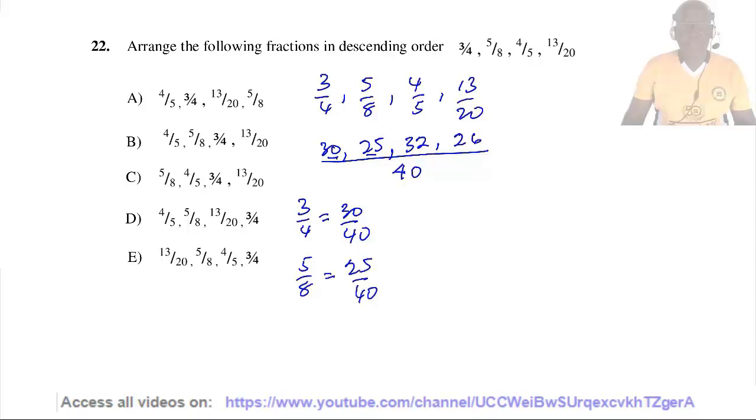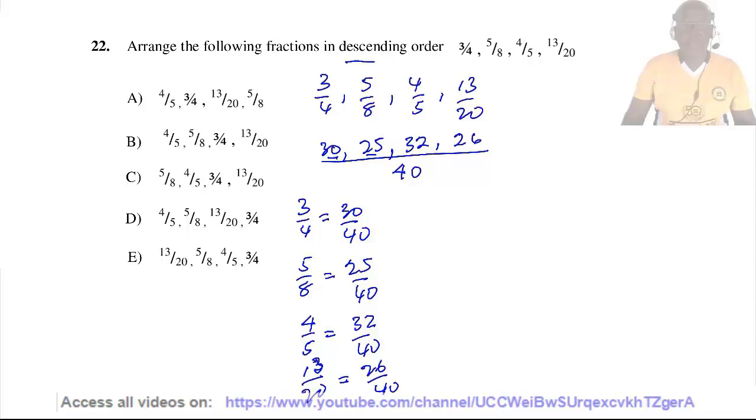And then 4/5 is the same as 32/40, and then 13/20 is the same as 26/40. Since the denominators are the same, that's 40, 40, 40, 40, we shall compare the fractions using their numerators.